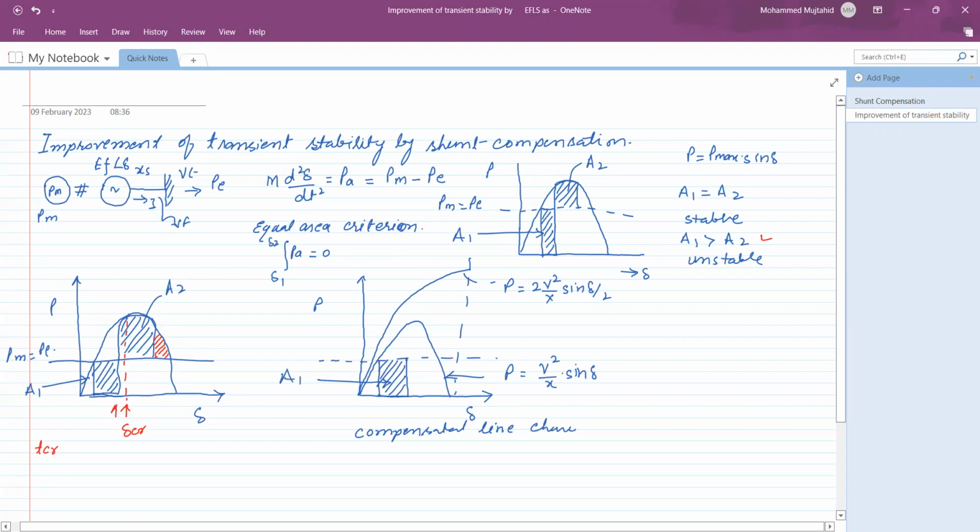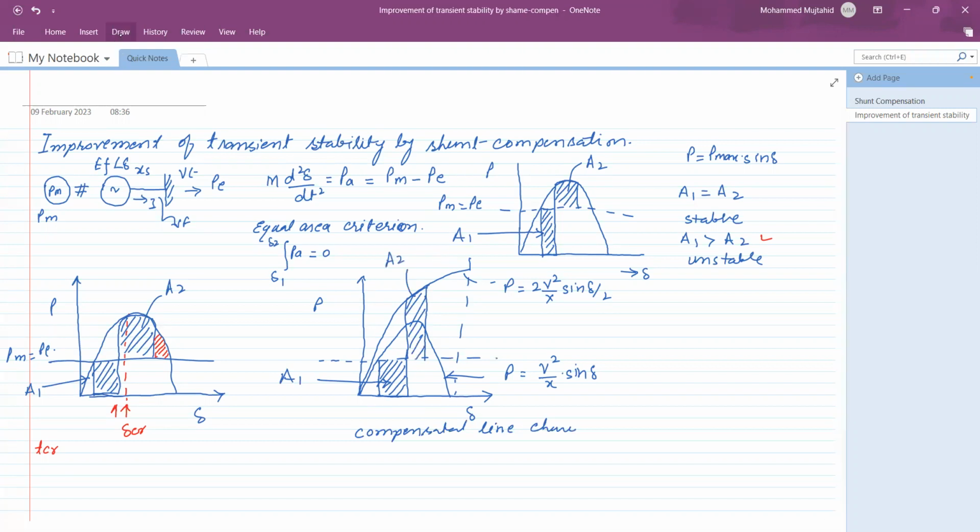Now, because of this, it is going to jump up to this value, and somewhere it will complete the area A2, which is equal to the area A1. So this is the deceleration area A2.